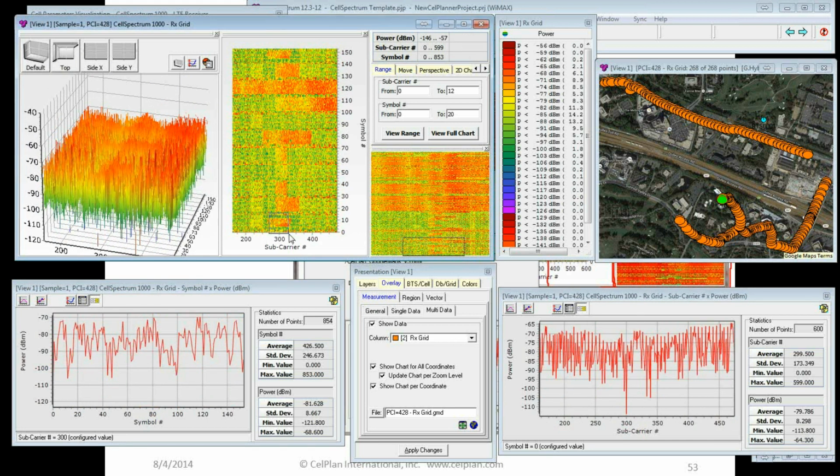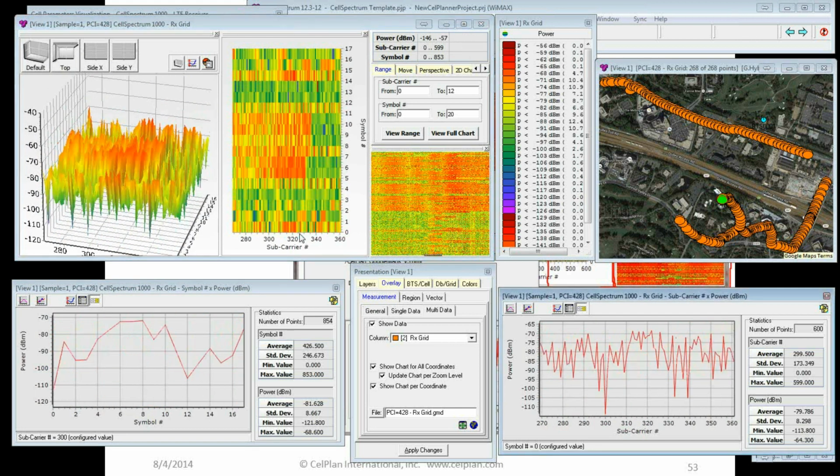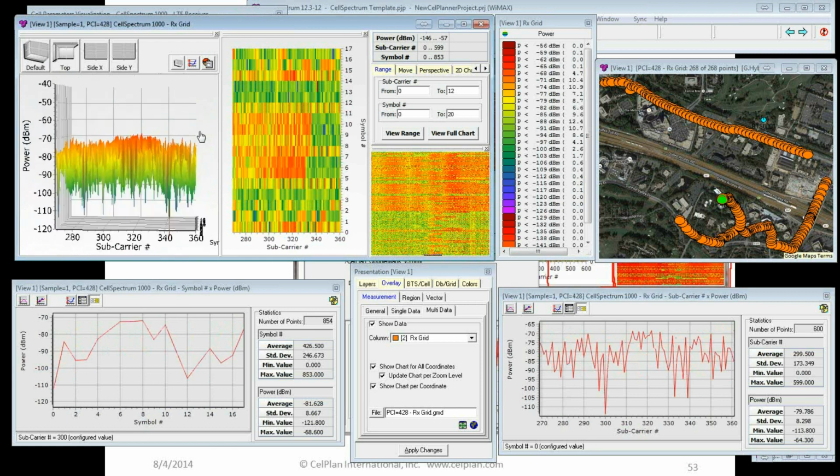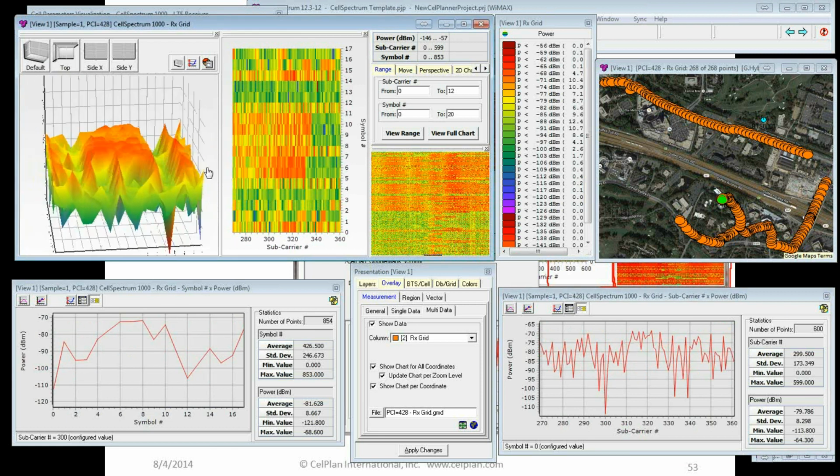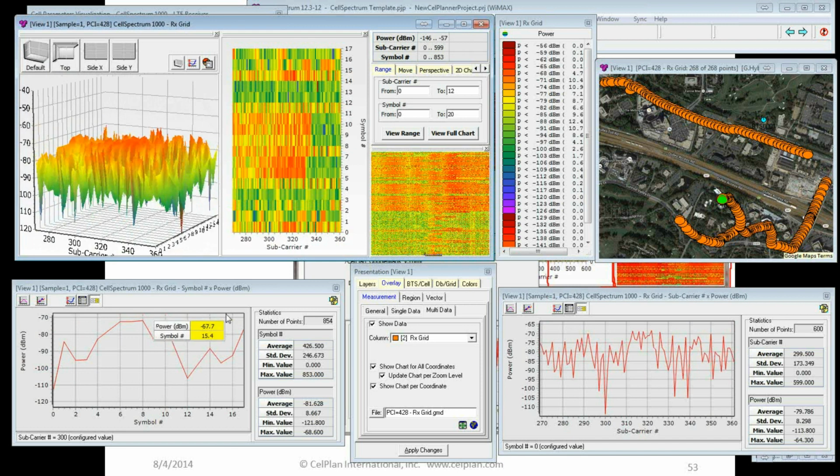So if I go just here where the MIB is, I have the information here. So it's an extremely powerful visual interface. And here you can also see that I can look and get the information about every single point here.